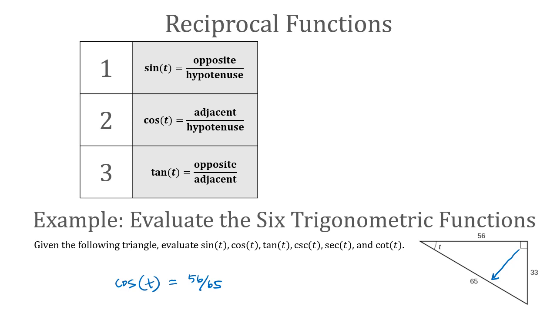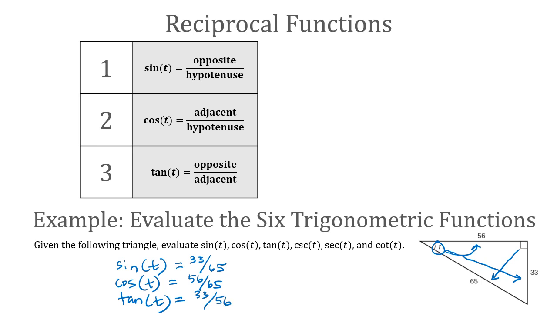And that was because in relation to angle T, 56 was the adjacent side. All right, but now let's fill in the rest of them. Sine of T is equal to the side opposite angle T, so 33, also over that hypotenuse of 65. The tangent of T is equal to opposite T, which we just said was 33, but the denominator is going to be the side adjacent to angle T, which is 56.